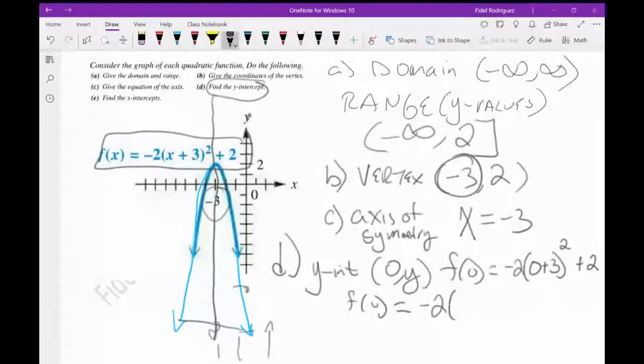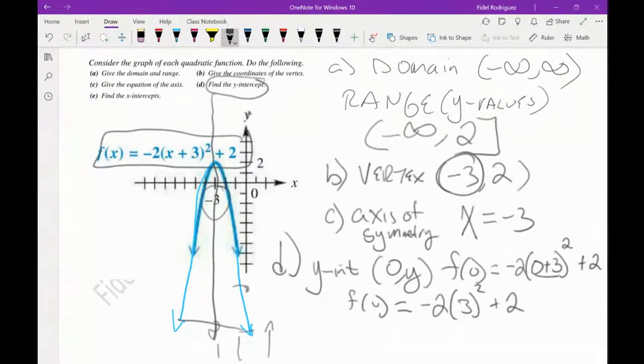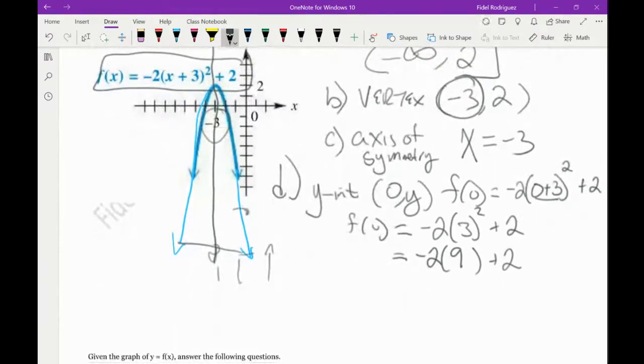So let's see, -2. 0 plus 3 is still 3 squared plus 2. So -2. 3 squared is 9 plus 2. And then, let's see, -2 times 9, -18, plus 2 is a -16.